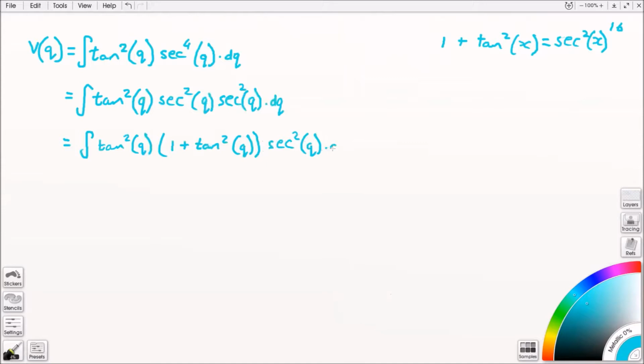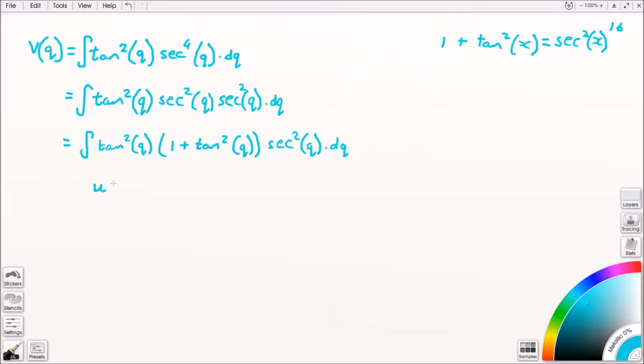As we learned previously, we use u substitution to get rid of the variables that we don't want, so that we're just integrating it in terms of one term. Pretty much we just want tans.